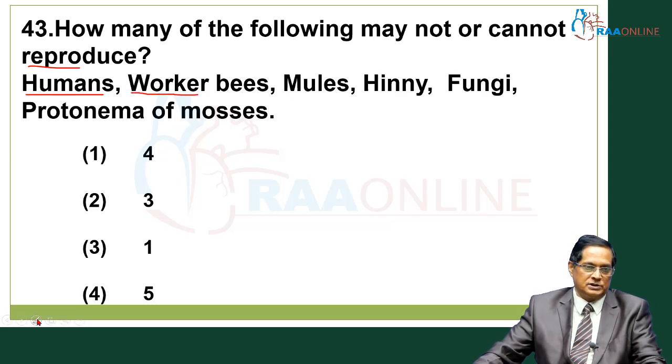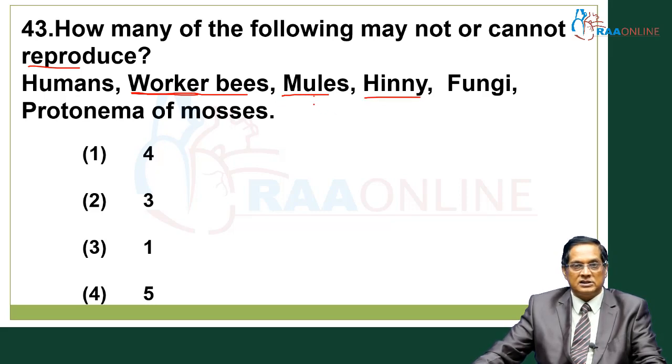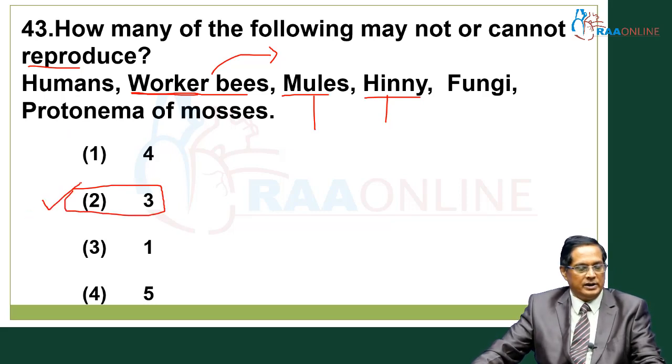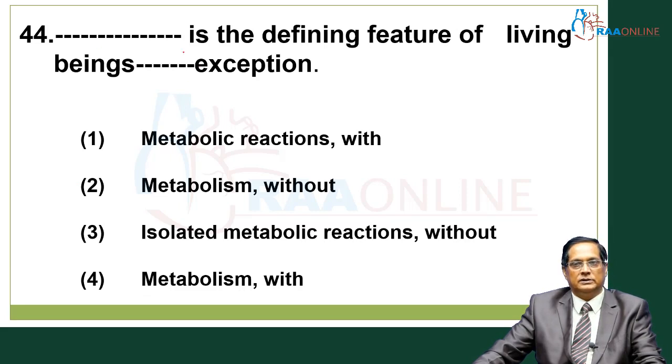That is the first correct answer, then mule second, then hinny third. These are sterile hybrids, and the worker bee is sterile. The others, like fungi, can reproduce, and protonema by fragmentation. So the answer is 3 here. Then come to question 44.